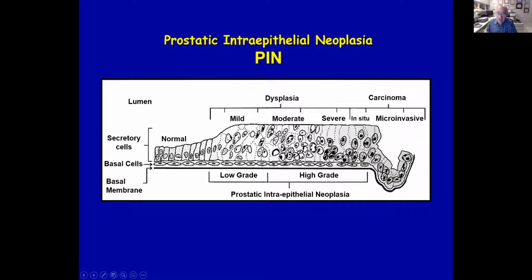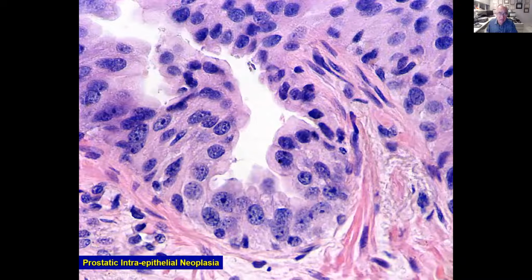And when they break through the basement membrane, invading the stroma, is when we call it cancer. Here are some examples of this high-grade PIN. They are usually multilayered. The atypia is very evident, with prominent nucleoli and very coarse chromatin, because they already have completely screwed-up DNA.